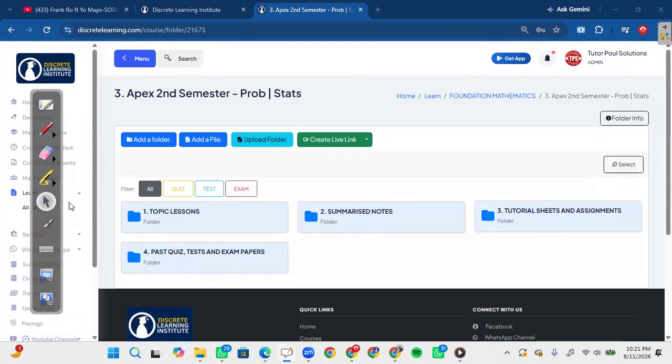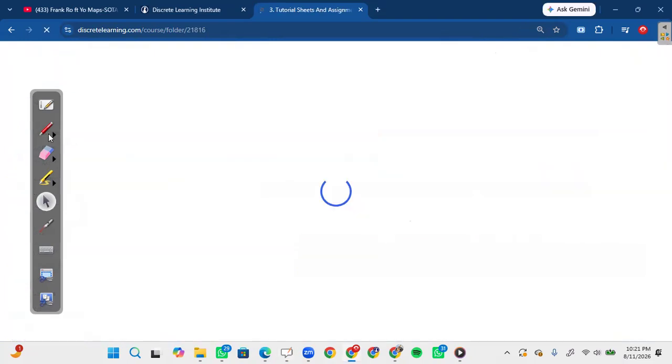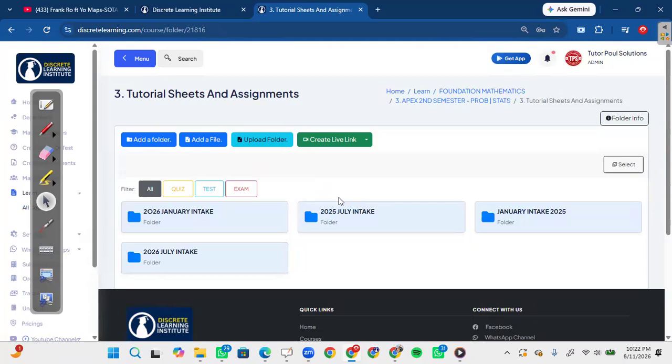So if you go to the tutorial sheets there, let me open it. Once you open this tutorial sheet folder, you go to your particular intake. If you are July 2026 intake, you go to the folder for July 2026 intake. You can see it there. Once you go there, you'll find the tutorial sheet videos.